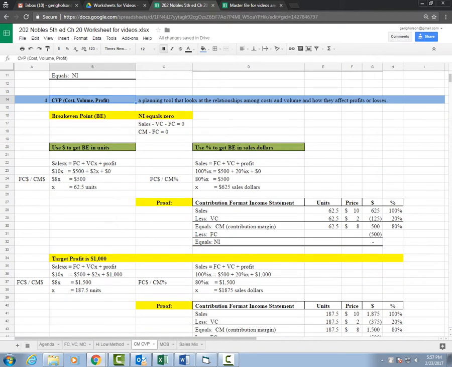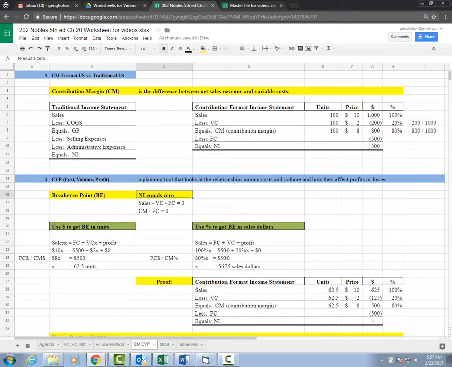Okay, we start that process by computing a break-even point. So break-even is where net income equals 0. So if I look at my income statement and I put it into a mathematical formula, I'm going to have sales minus variable cost minus fixed cost equals net income of 0.